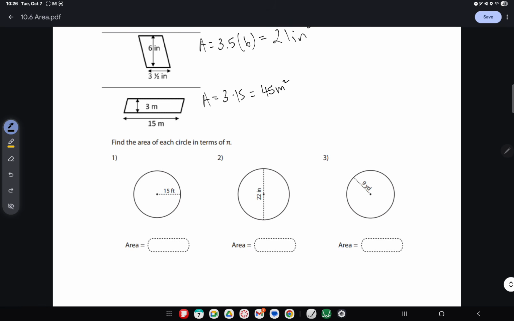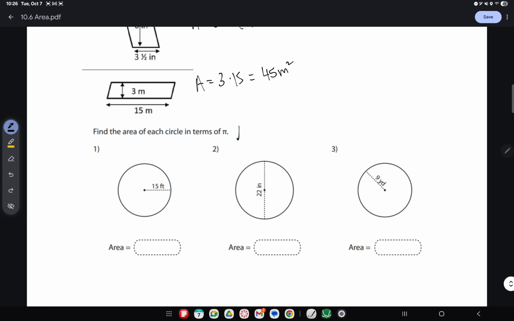Then we have some circles. So area of a circle is pi r squared. Or we can write it as 3.14 r squared, since we're going to use 3.14 as pi anyway. So, all right, this first one here, I have 3.14 times 15 squared.